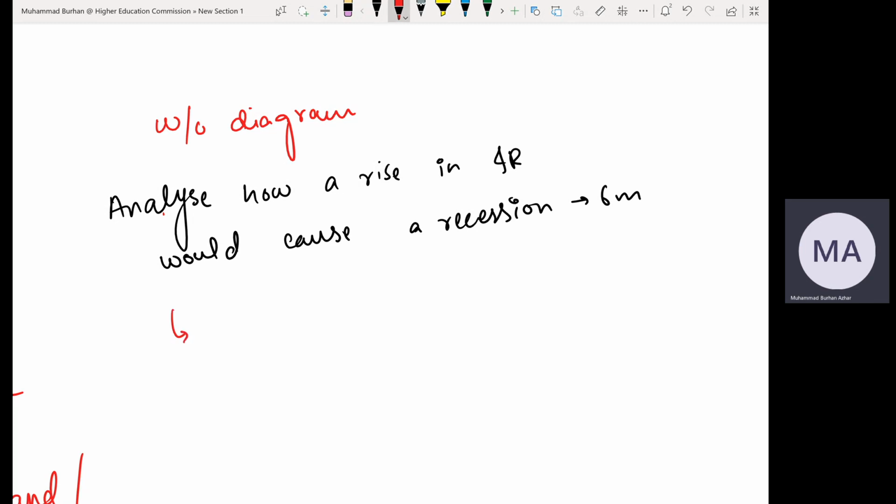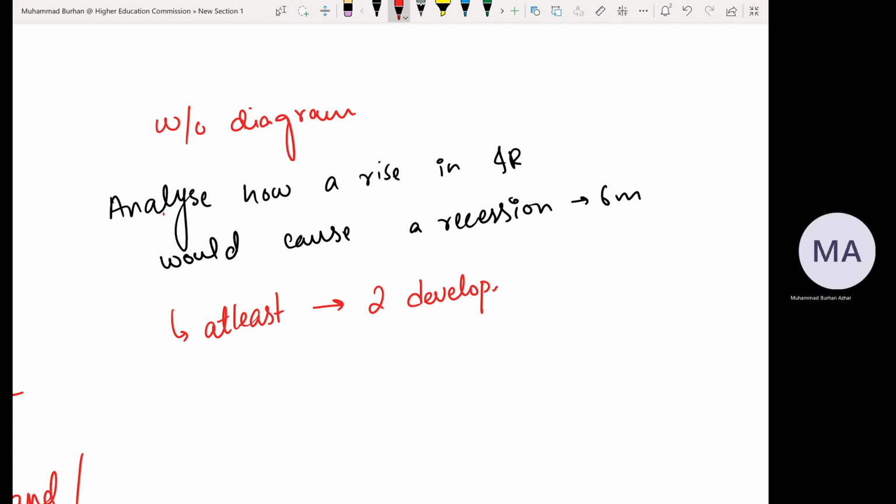You should be able to know that in these types of questions you should at least be able to give 2 developed chains of analysis, 2 reasons or 2 points, developed. Let's say I say that an interest rate will make it expensive to borrow.